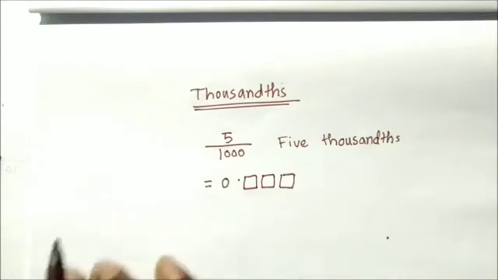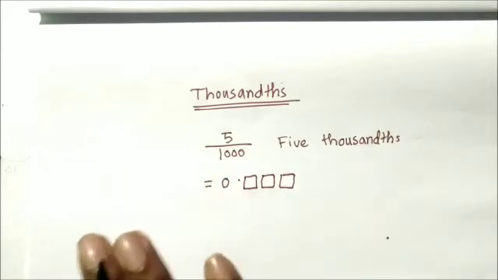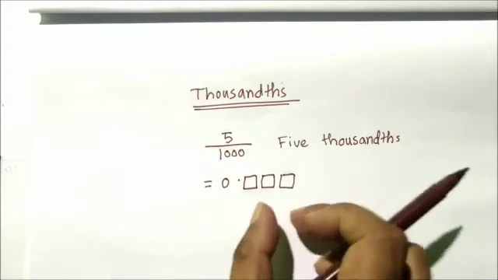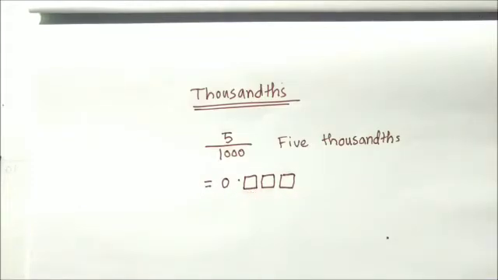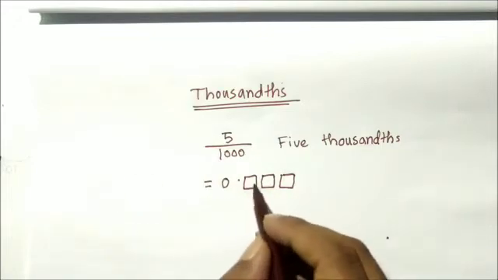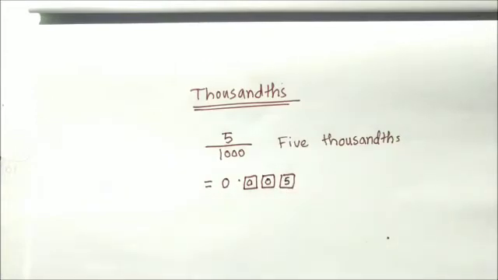As of now we are just discussing that before the point we will have only the 0. So after the point we have 3 places, and these 3 places must be filled in such a way that it will become 5 only. So 0 0 5. Understood?